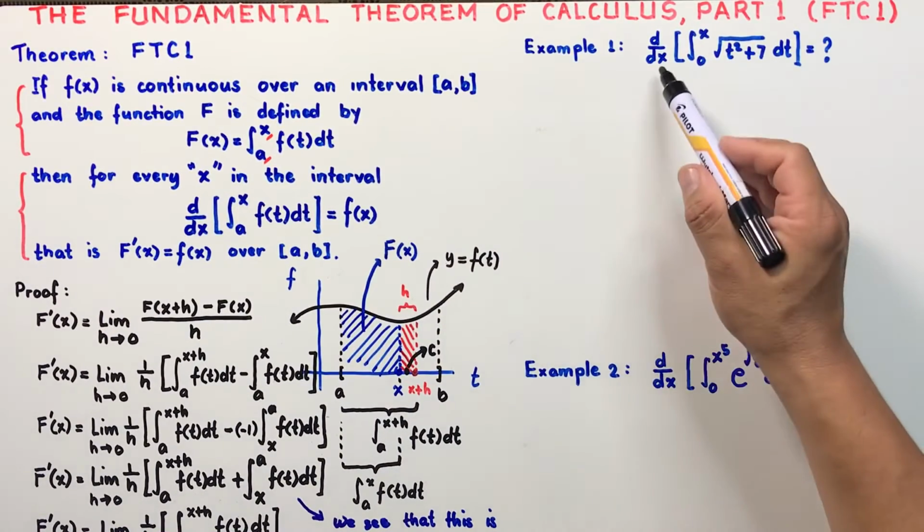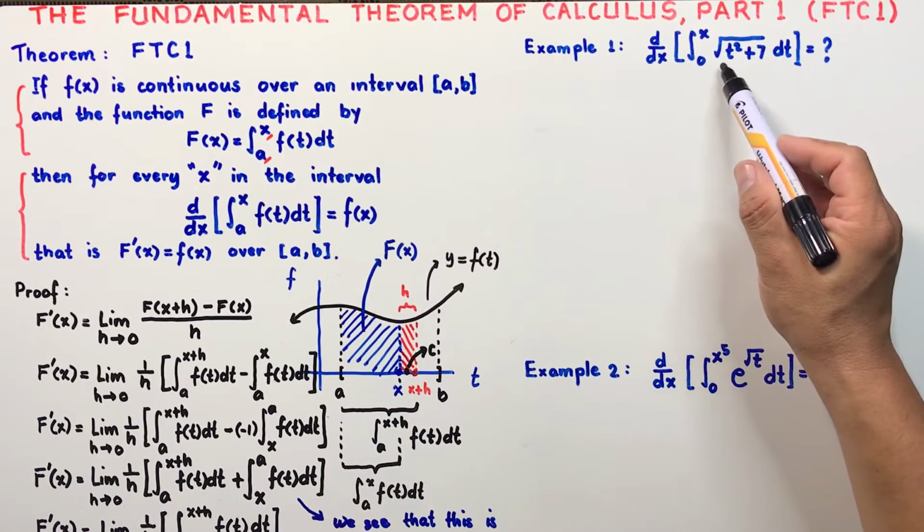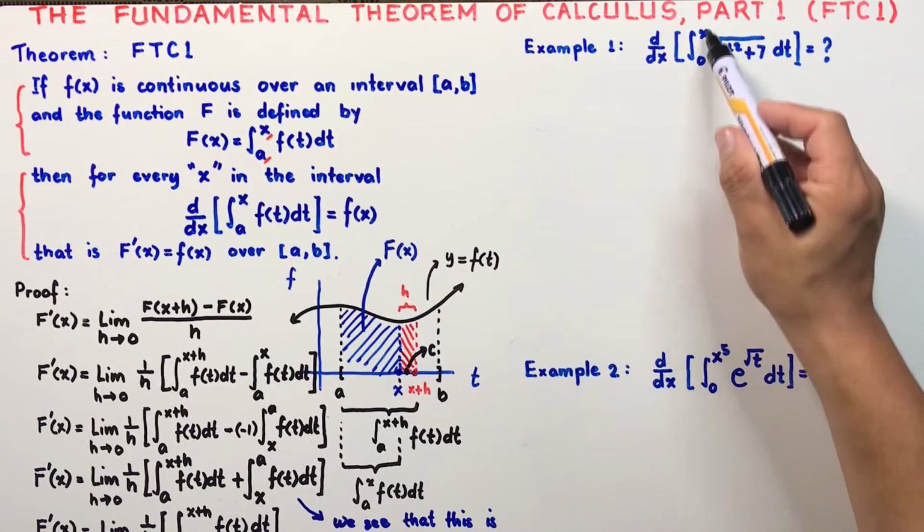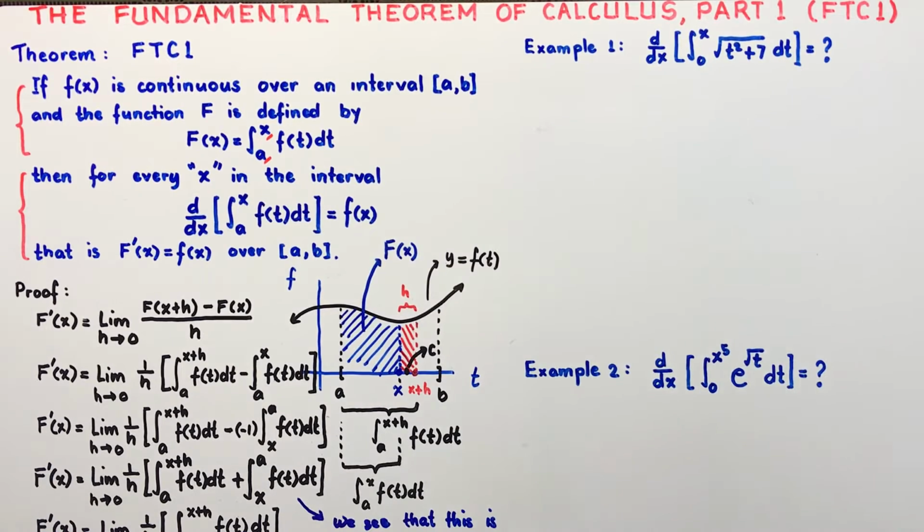So what is the derivative of the integral of the function the square root of t squared plus 7 from 0 to x dt?